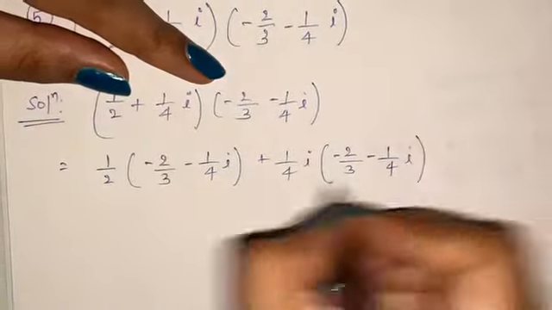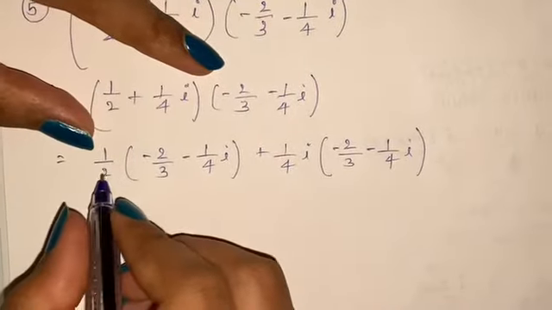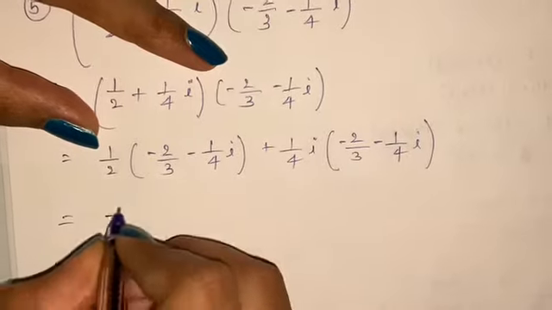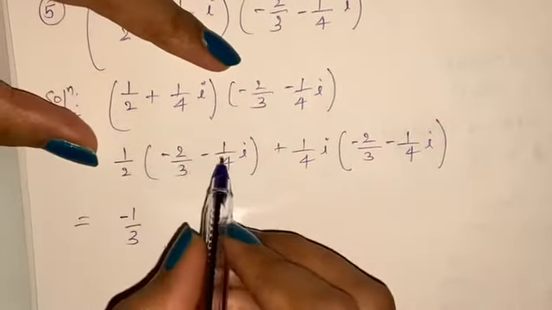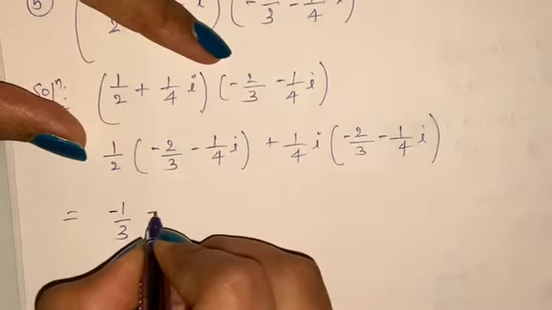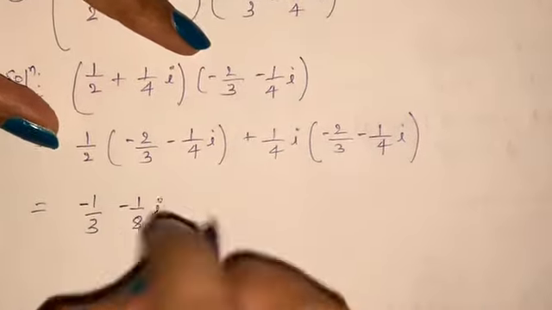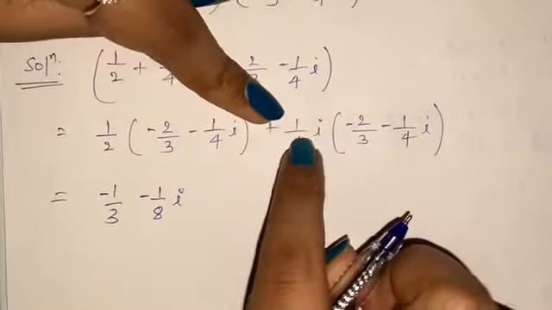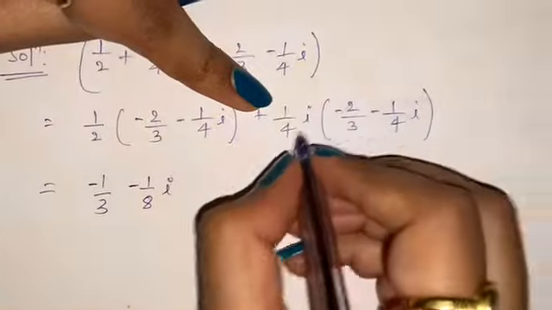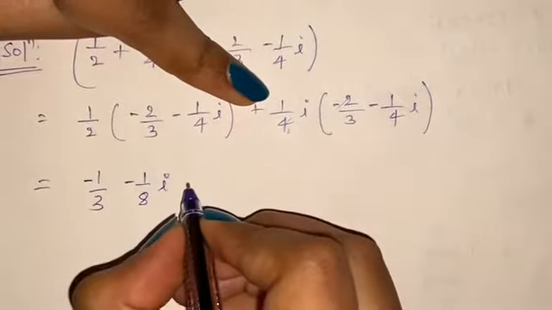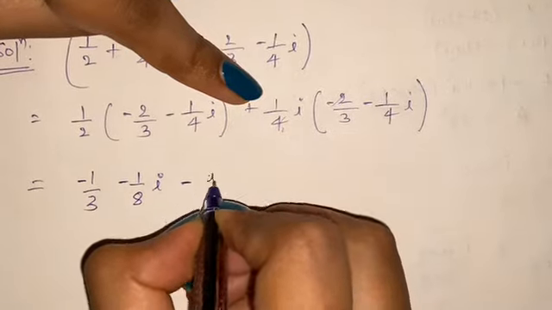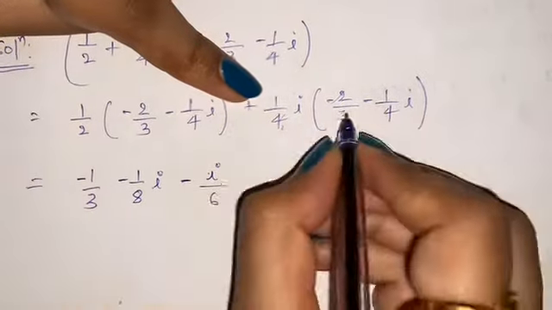Now 1 by 2 with minus 2 by 3, so 2 gets cancelled, you will get minus 1 by 3. Now 1 by 2 with minus 1 by 4 i, so 4 2s are 8, you will get minus 1 by 8 i. Done. Now 1 by 4 i with minus 2 by 3, so 2 2s are 4, cancelled, you will get minus i by 6, 3 2s are 6.